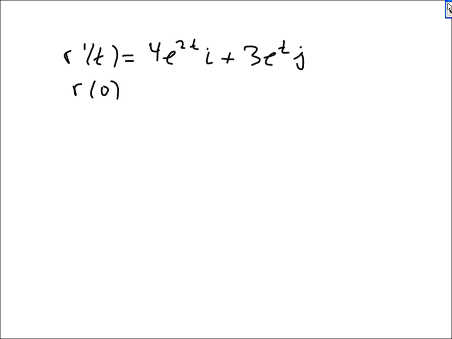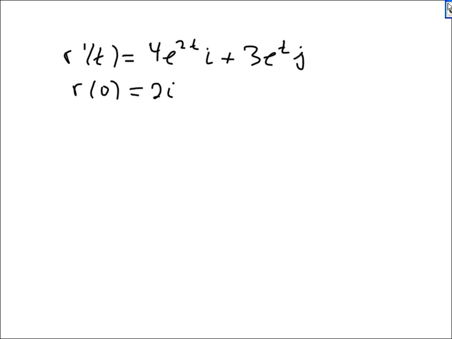Suppose they ask you to find r of t, and they tell you that r prime of t is 4e to the 2t in the i direction plus 3e to the t times j, and they give you an initial value. They tell you r of 0 is 2i.